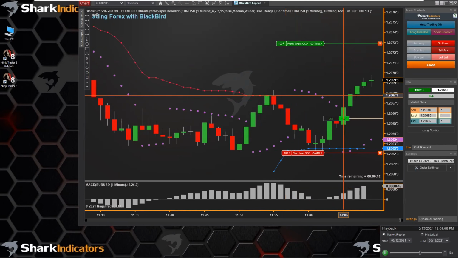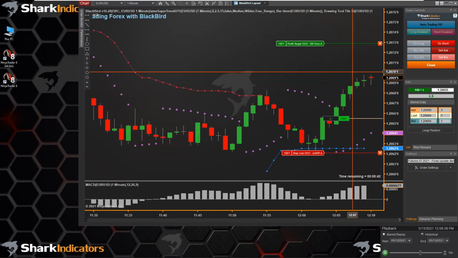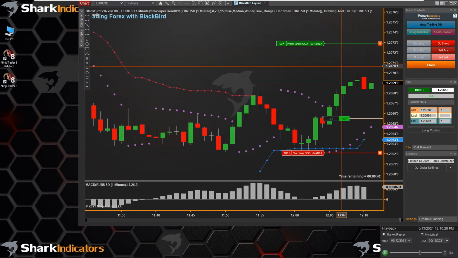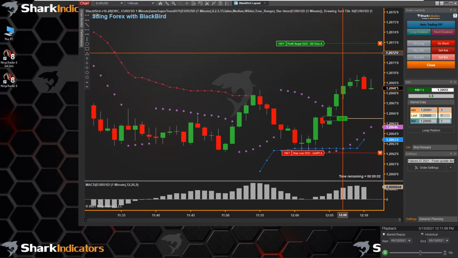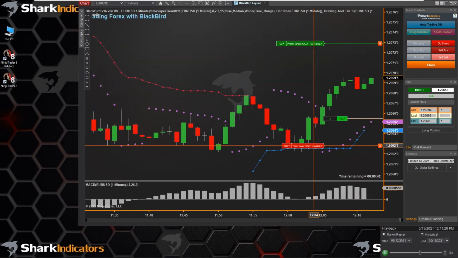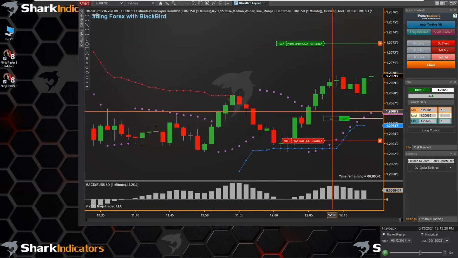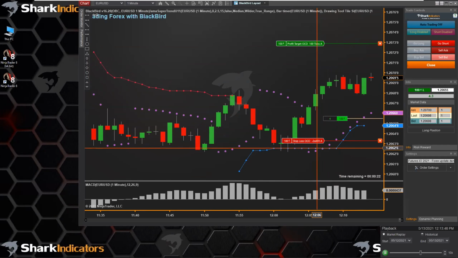So if it looks like the market's not going to reach all the way to your profit target, then you can pull that profit target in and at least try and capture as much profit as you can, versus waiting for a trailing stop loss to get hit, right? It's always more profitable. You can always capture so many more ticks if you can get that profit target hit versus tightening up your stop loss there.